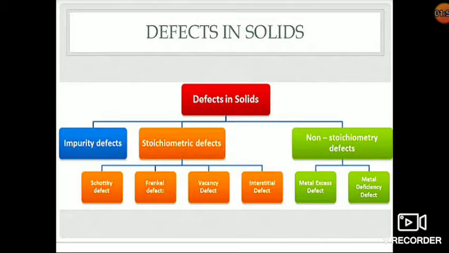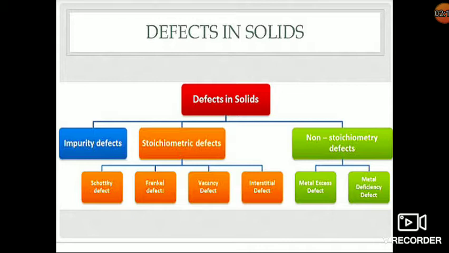So let's see what the point defects are. In the flow chart here, you can see the point defects categorized: impurity defect, stoichiometric defect, and non-stoichiometric defect. Stoichiometric deals with the formula, the whole number of atoms present.